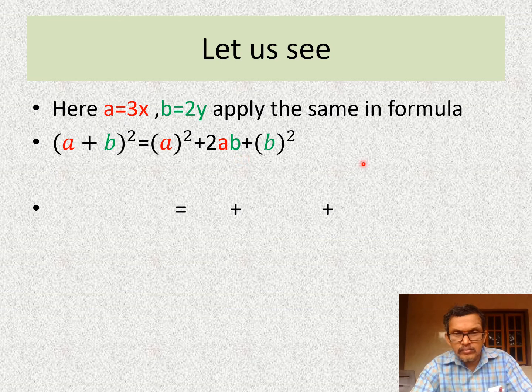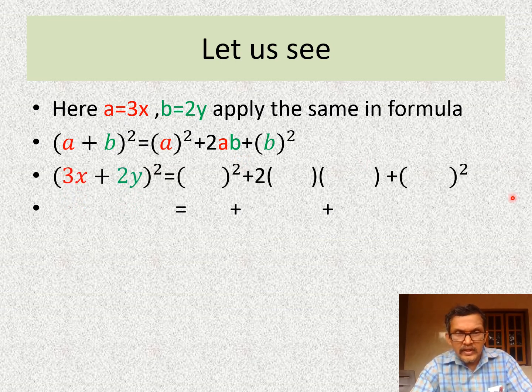So now substitute. Here 3x plus 2y whole squared. Instead of a we substitute 3x. 2ab, here a is 3x, b is 2y, b square.